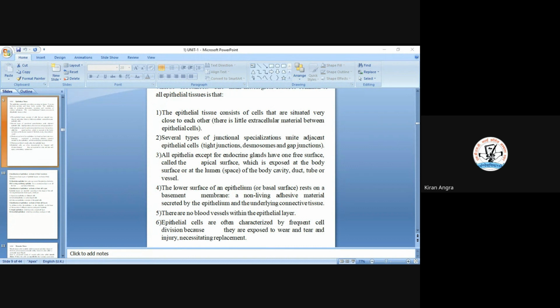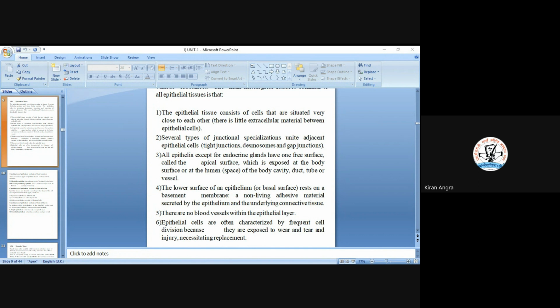The epithelium is also classified on the basis of the number of cell layers: simple epithelium and stratified epithelium. This is just a small amount of information about the epithelium, and as we go to the systems, we will take them further.